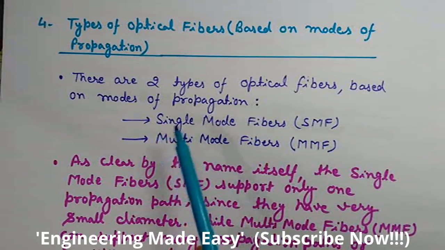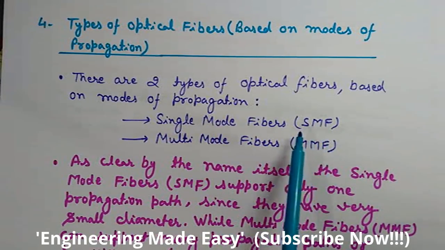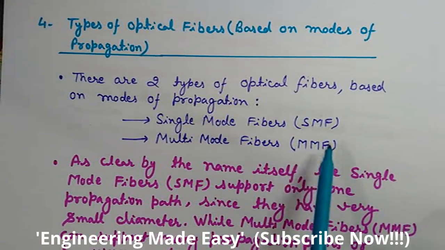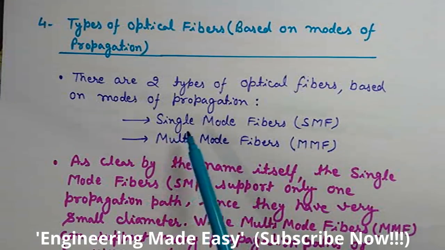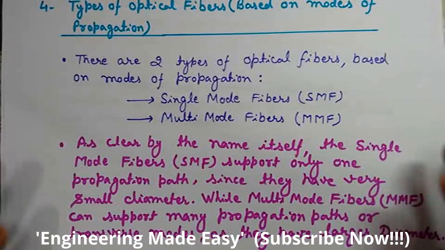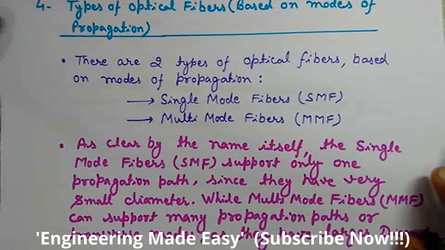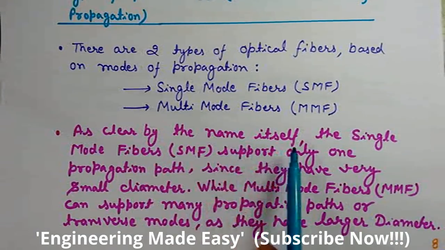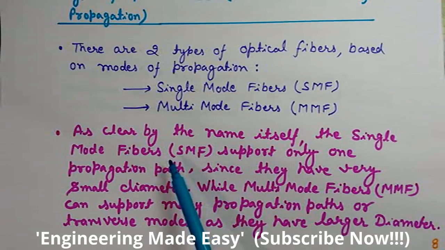These are single mode fibers, SMF, and multi-mode fibers, MMF. This is the short form: multi-mode fiber, single mode fiber. So let's understand single mode fiber. As clear by the name itself, the single mode fiber supports only one propagation path, since it has a very small diameter.